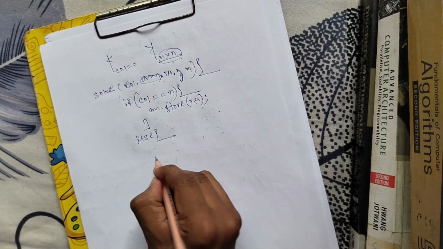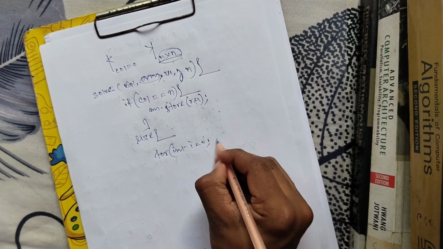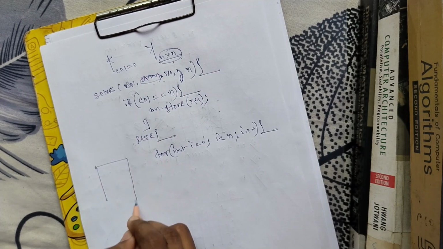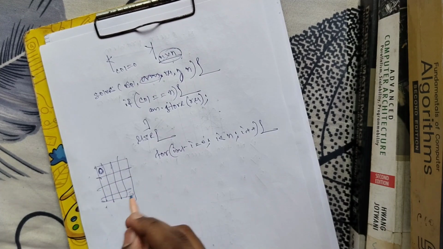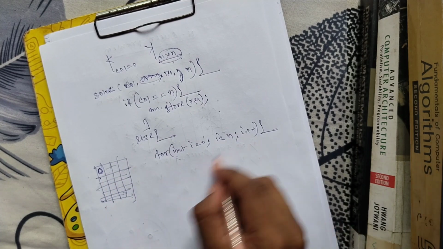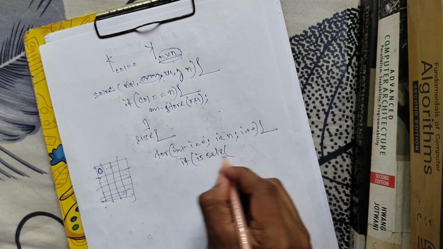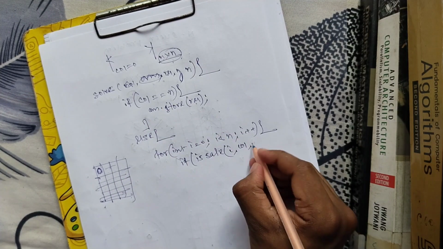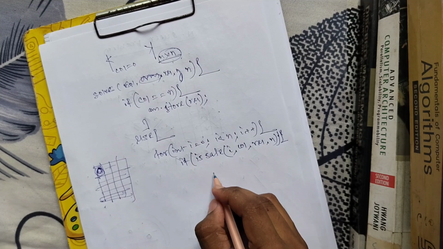Else I come here and I run a loop for all rows of this column. I check if it is safe for this row and this column, and here this is the safe position. Okay, this is the safe position.